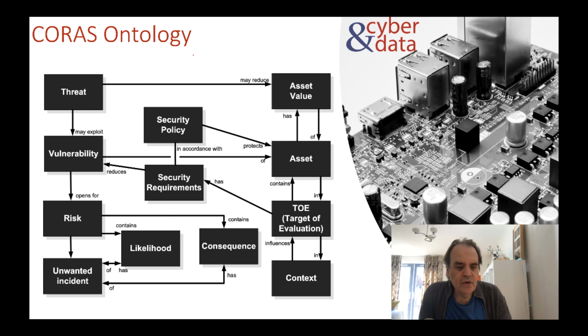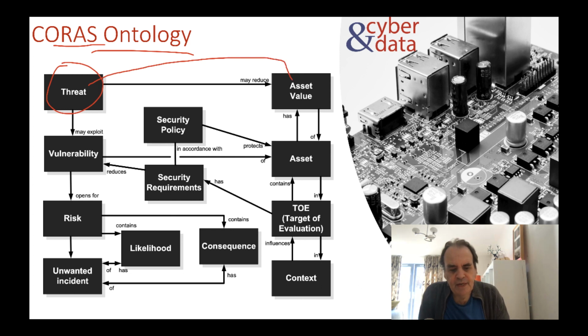Okay, one ontology which tries to crystallize this in terms of syntax is the CORAS Ontology. With this, a threat may reduce an asset value of an asset in a target of interest in a certain context.